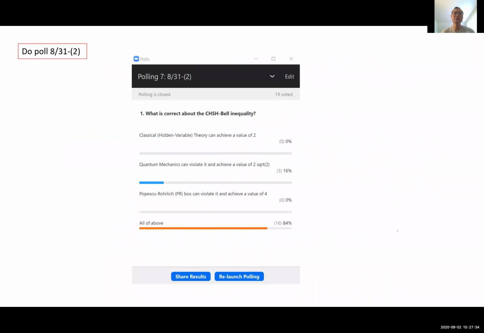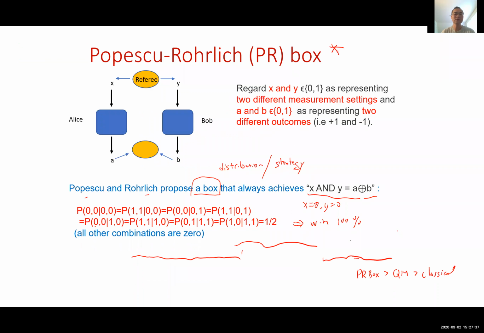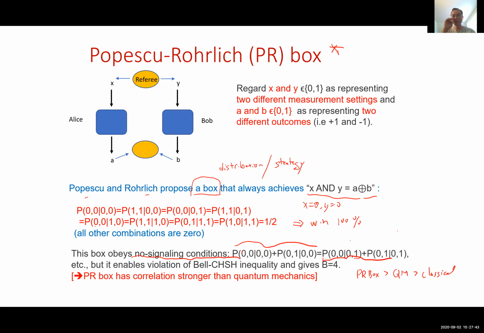Okay. So maybe, actually, I think I probably know how to explain this in a better way. So this is the PR box. I think you should also sum over the outcome of B, because it doesn't matter what it should be, right?